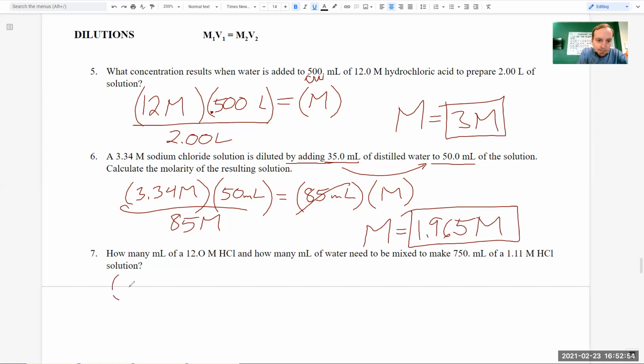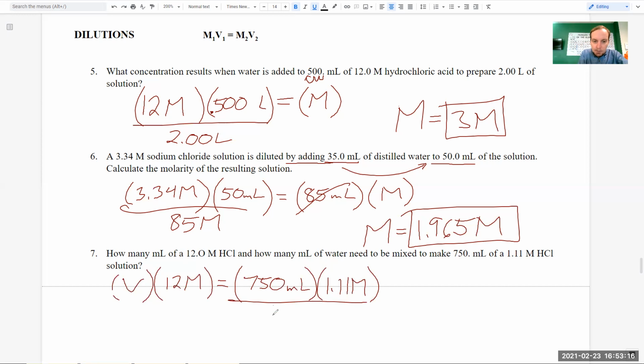My original volume is how many milliliters of 12 molar hydrochloric acid are needed to make 750 milliliters of a 1.11 molar solution. So I'm going to take my 12 molar and divide it over here.